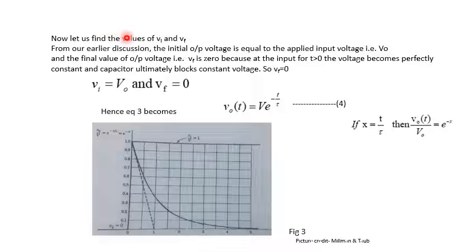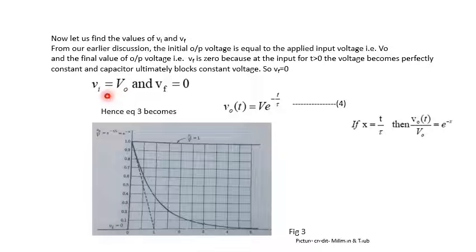Now let us put the values of Vi and Vf in the above equation. As we have discussed in the earlier slides, the initial value of output voltage, which we have represented as Vi, is equal to V naught.